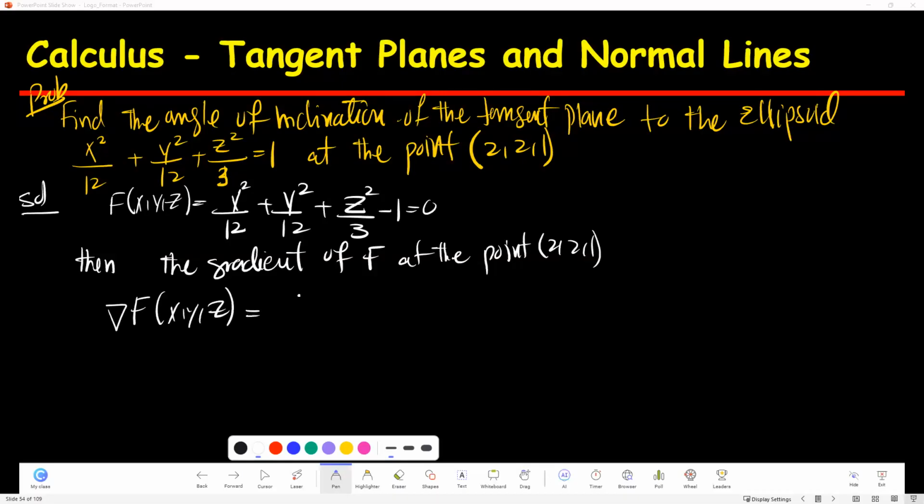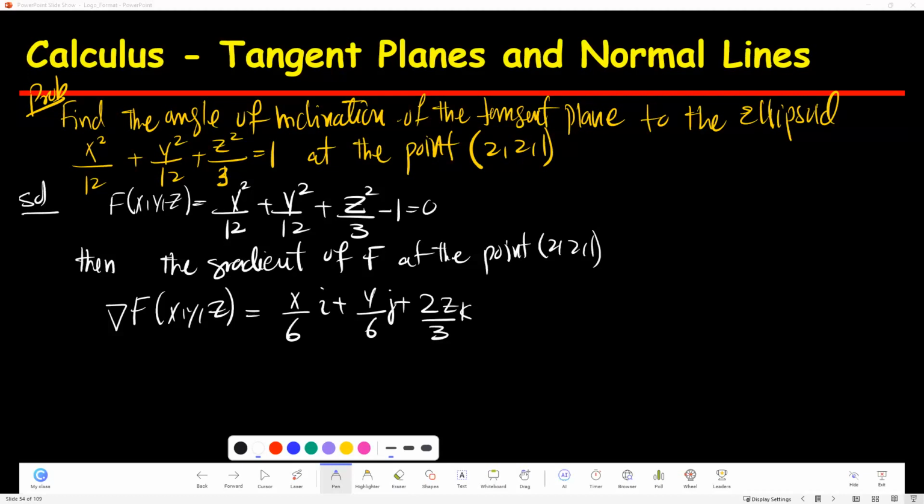So if I take the partial derivative with respect to x, it's going to be 2x divided by 12, so x over 6, right? And i plus y over 6, this is my partial derivative with respect to y, 2y over 12, so 2 and 12 cancel out, only 6 left in the denominator, plus 2z over 3, okay, there is a k.